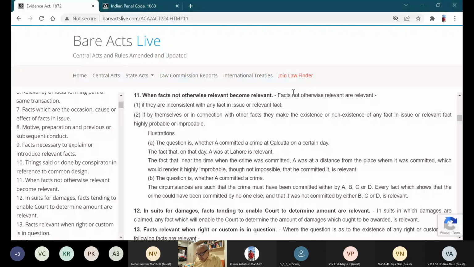This is one. Then the question is whether an obstruction to a harbor is caused by a certain sea wall. Is there a wall in the sea obstructing the free passage of ships?